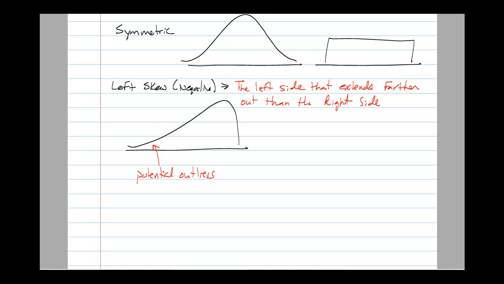We've already talked about right skew a little bit. Another name for right skew is positive skew. And again, this is just the counter to the left skew. Toward the more positive numbers, the right side extends much farther out than the left side.